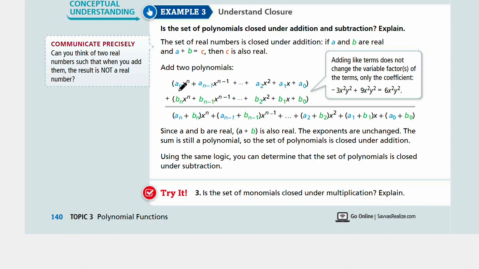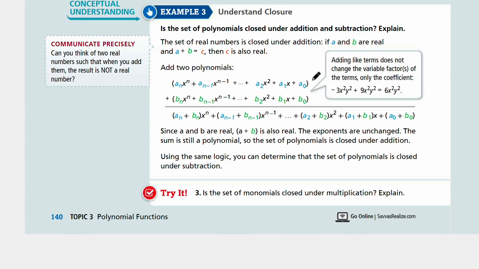So we're going to label the coefficients a sub n, a sub n minus 1, a sub n minus 2, and so on, until we get a sub 2, a sub 1, and a sub 0.